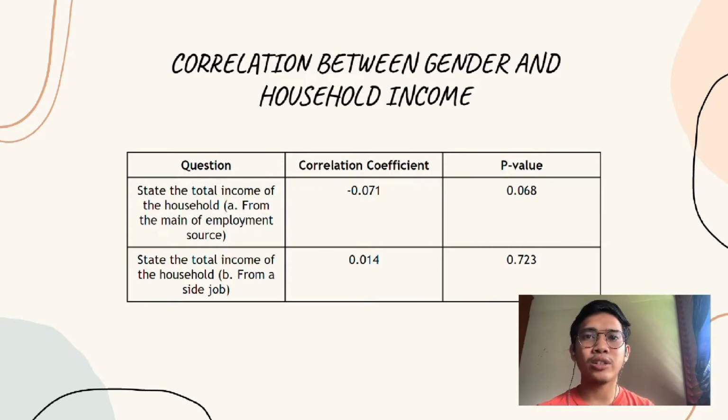The correlation coefficient value negative 0.071 means there was weak negative interaction. For question 2, the p-value shows there was no significant difference between gender and household income from a side job. Besides, correlation coefficient value 0.014 shows there was weak positive interaction between gender and household income from a side job.